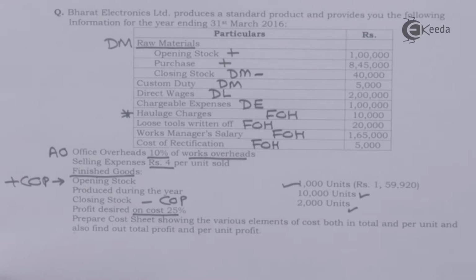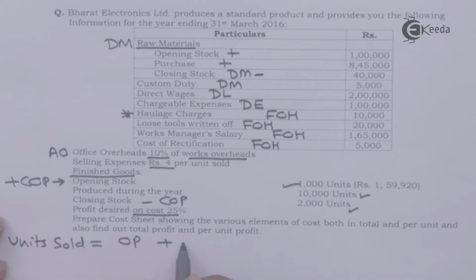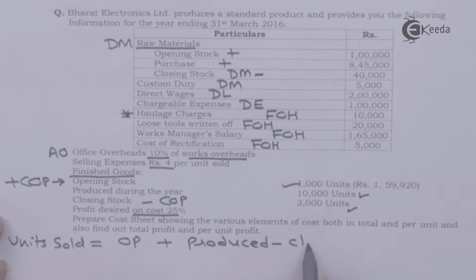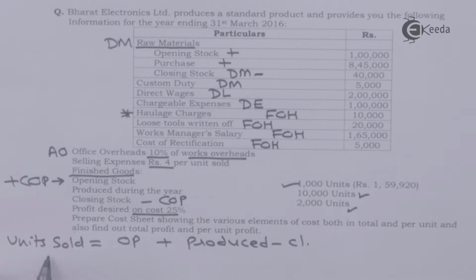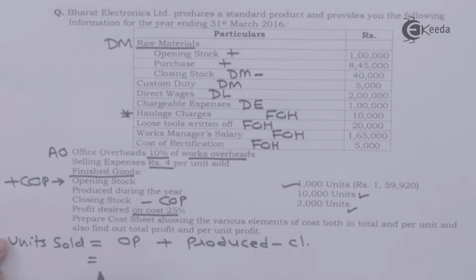Here we are required to find out the number of units sold. We are required to use the formula: units sold is equal to opening stock of units plus units produced minus closing stock of units. Opening we have 1000 units.